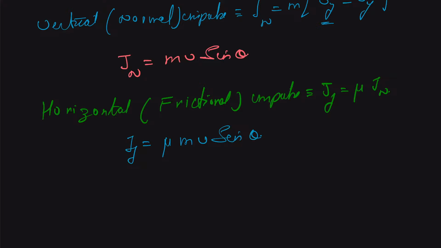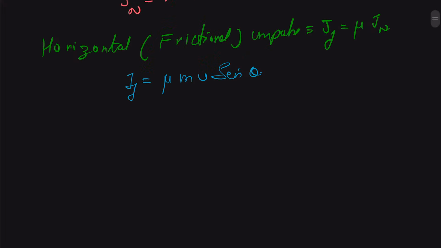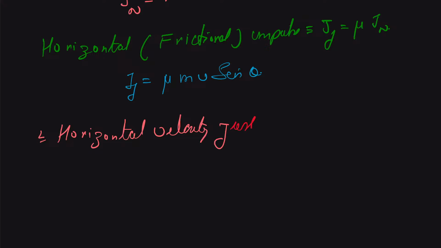Now we can easily find out from these two relationships the horizontal velocity just after the impact. Let us call this Vx positive.